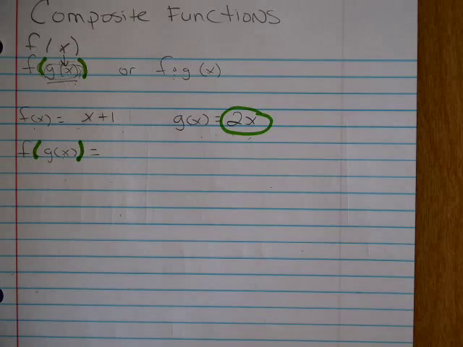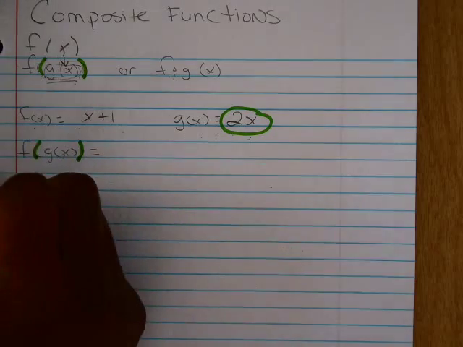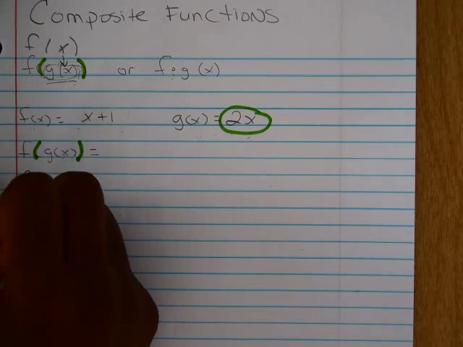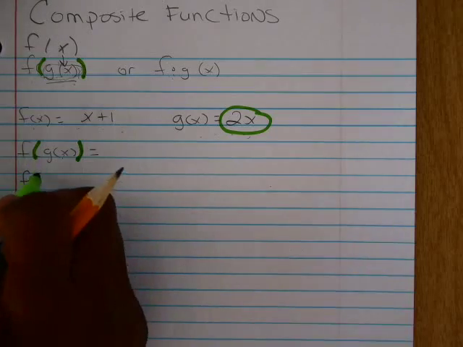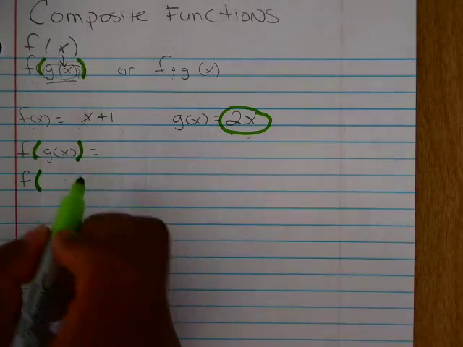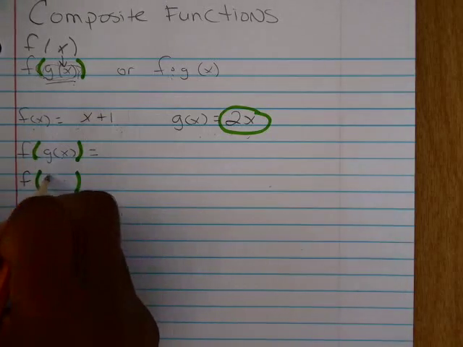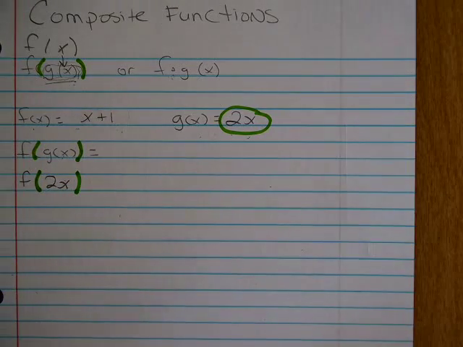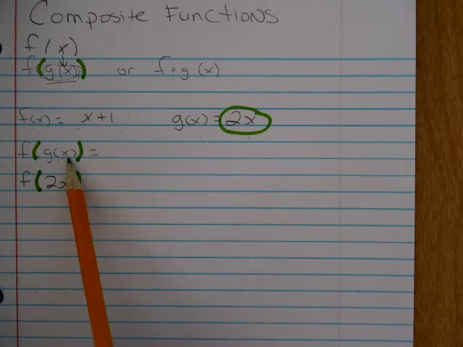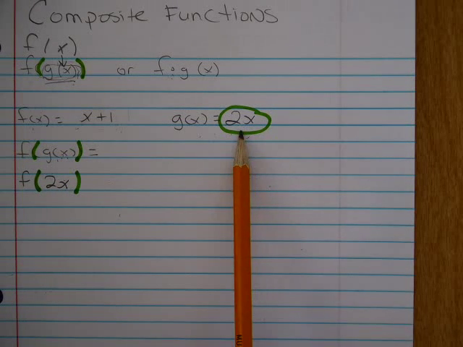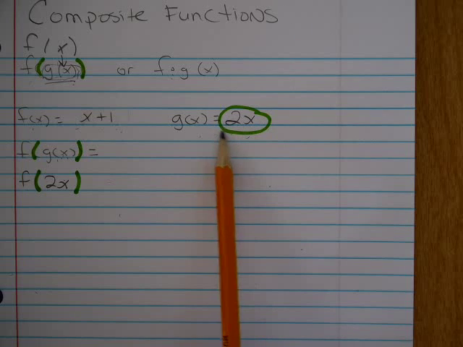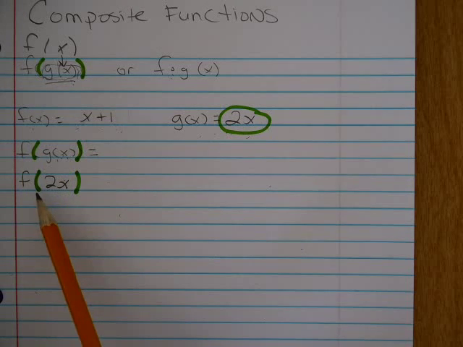So when I write that, that becomes f of, and I'll keep it green, f of 2x. You see that? So the g of x, which is equal to 2x, is the input for the function f.